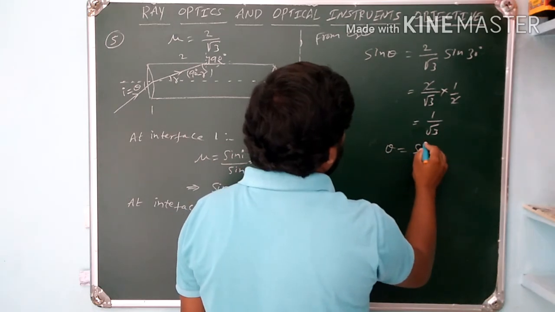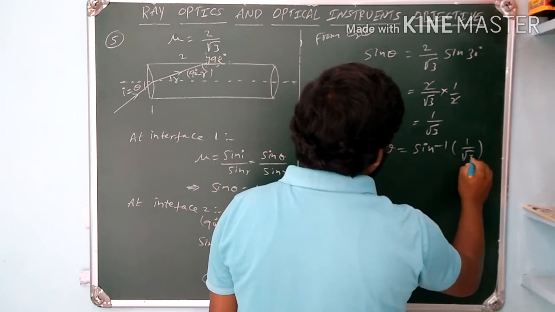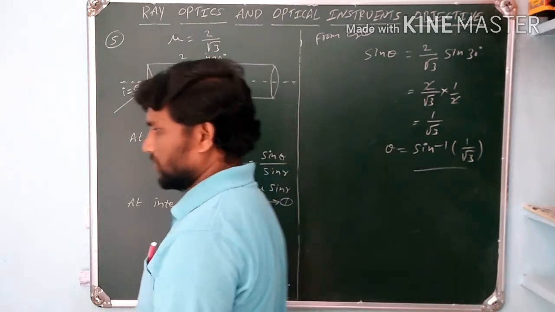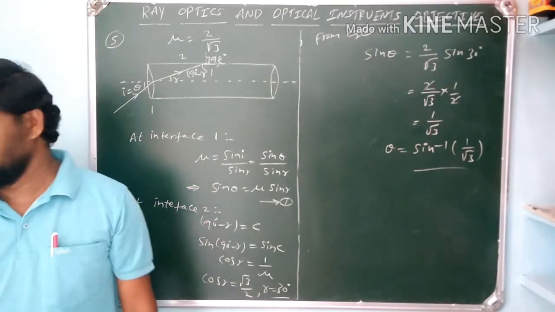Therefore theta is equal to sin inverse of 1 by root 3. Therefore the angle of incidence is theta equals sin inverse of 1 by root 3. Okay, the option is the third option.